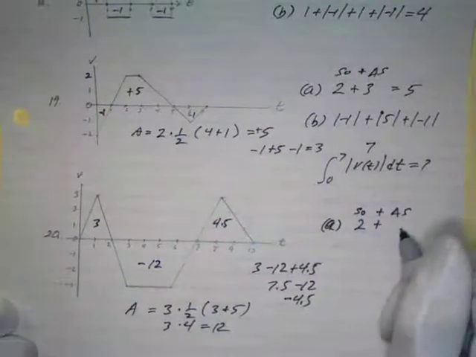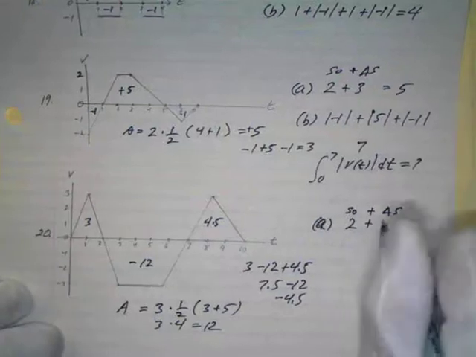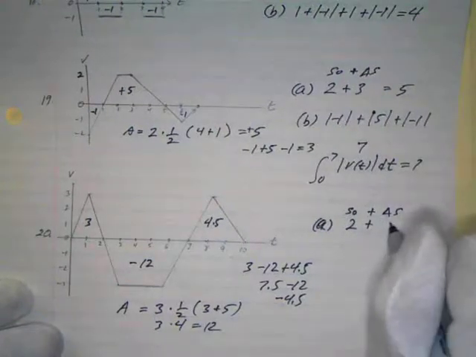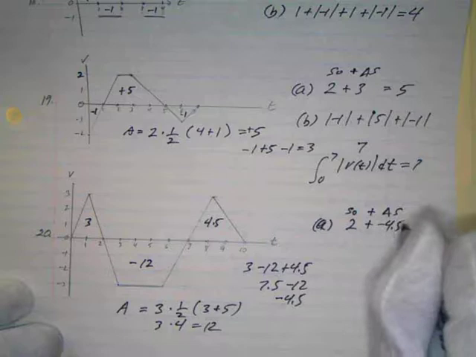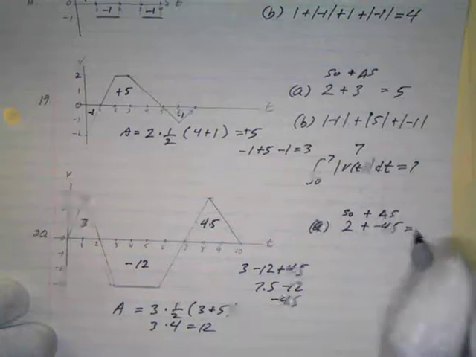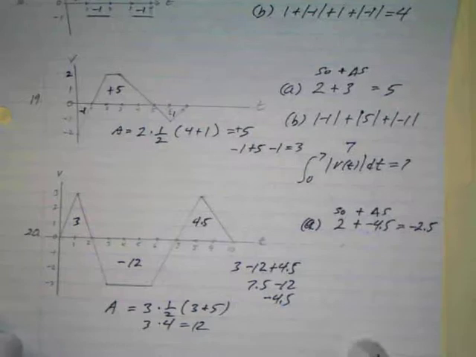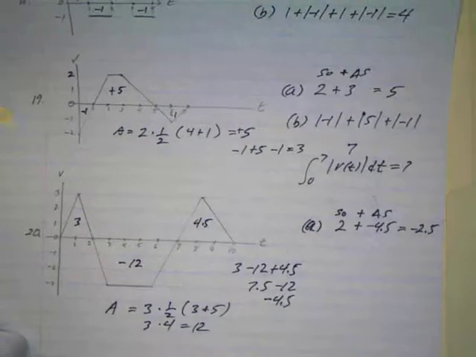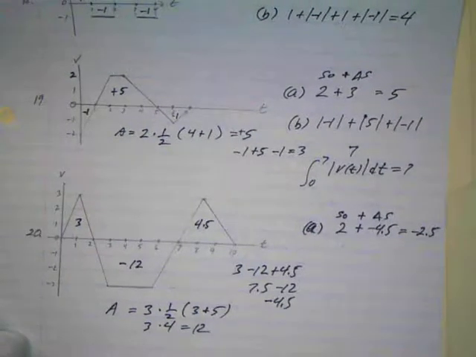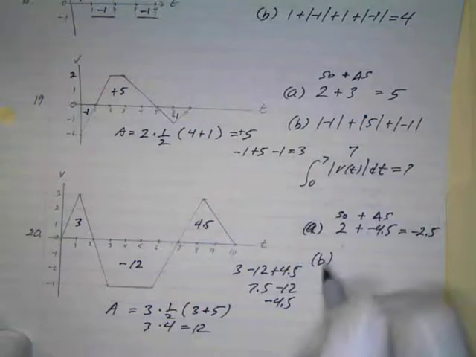So I'm going to add this up here. That'll be my delta S. So my actual end position will be -2.5 centimeters to the left, I guess, of the 0 point on the line. And then if I want the actual distance traveled, I'm going to take the absolute value of all these.